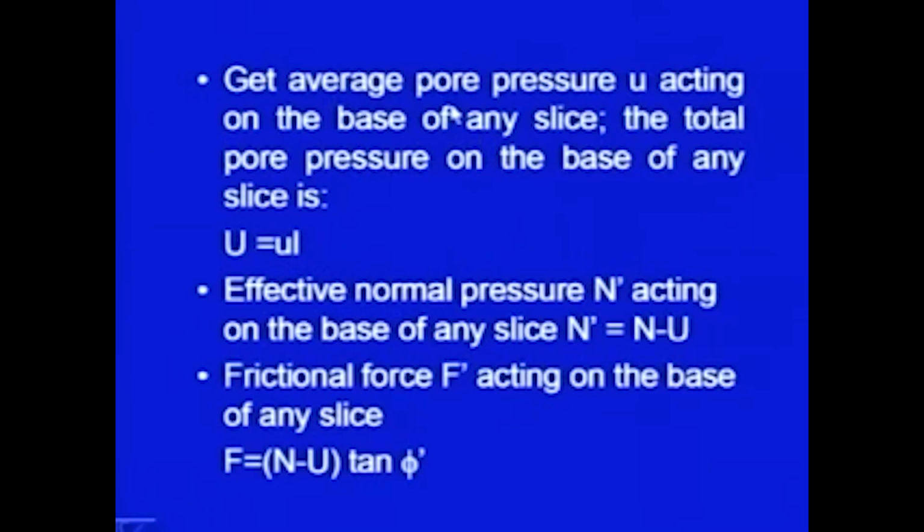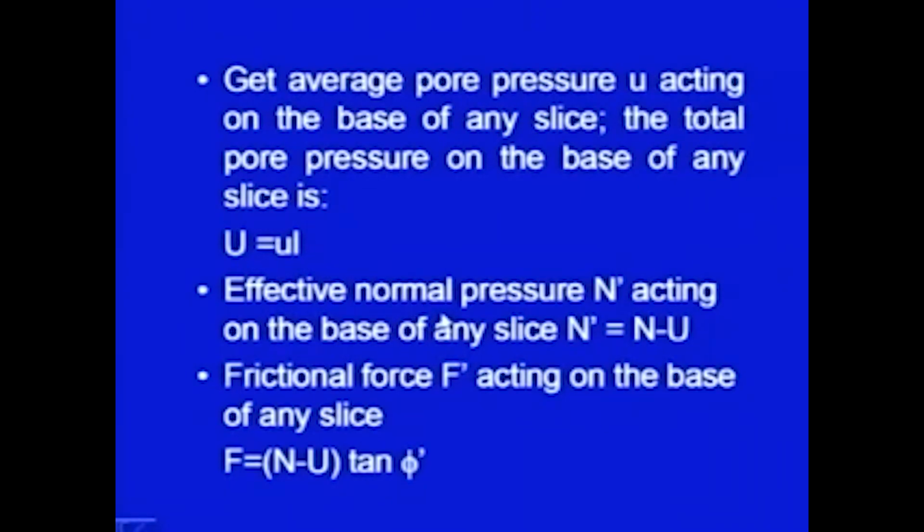So, get the average pressure u acting on the base of any slice. The total pore pressure on the base of the slice will be capital U equal to small u into l.